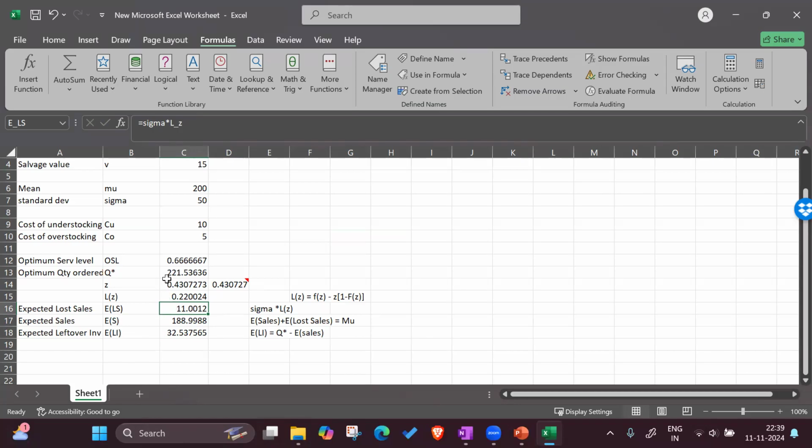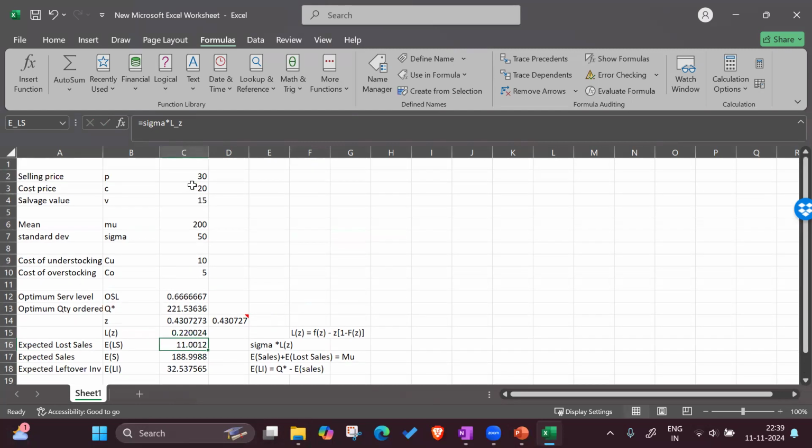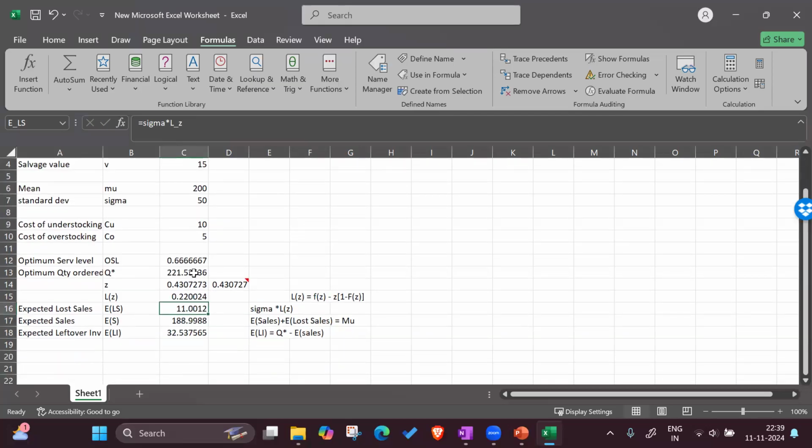So what we are saying is, if your demand follows a normal distribution with mean 200 and standard deviation 50, with price 30, with cost 20, with salvage value 15, if you are stocking 221, which happens to be the optimal service level, then there is a chance that you might end up selling 188, or you might end up having 11 of lost sale, or you might have leftover inventory of 30, right?